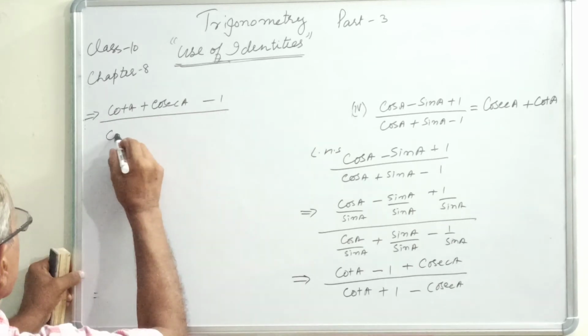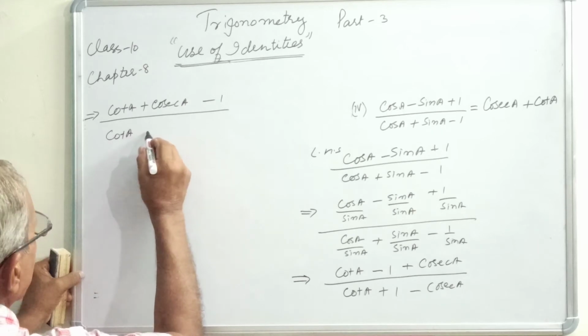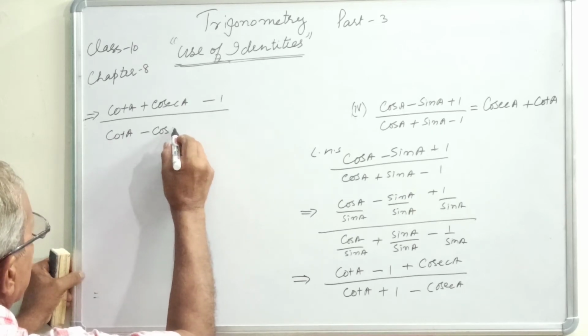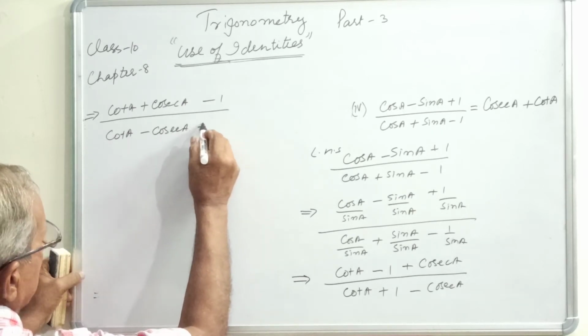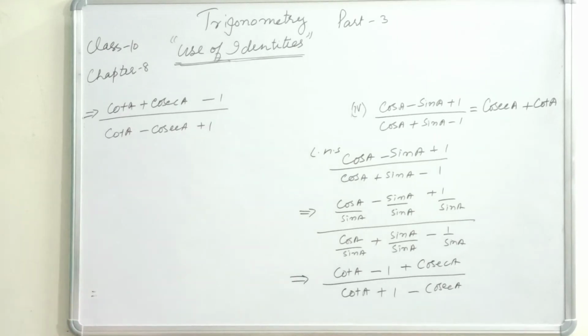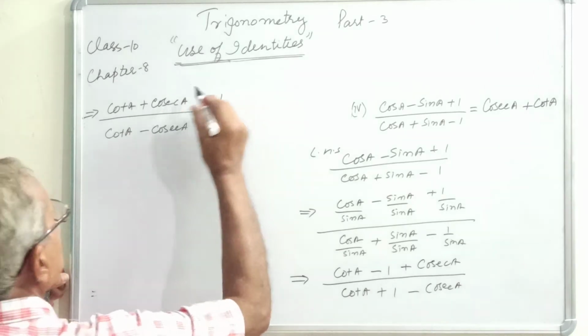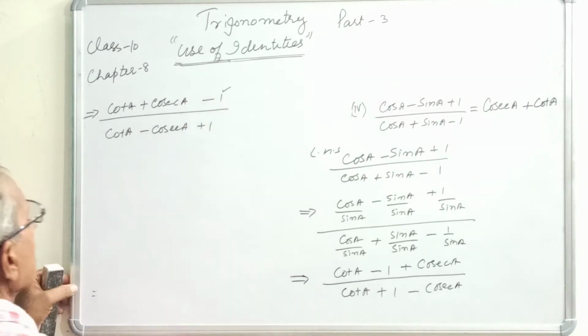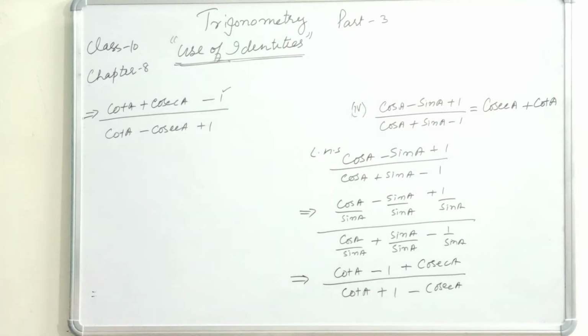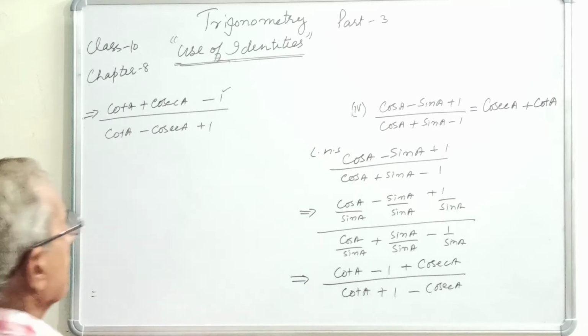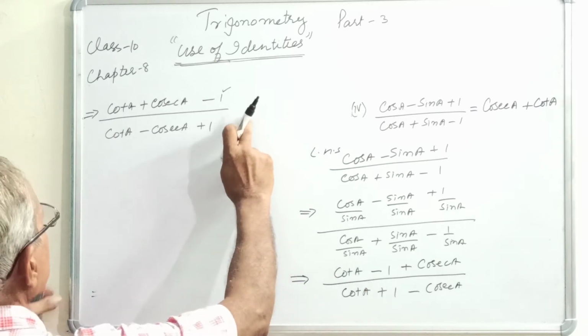So cot A minus cosecant A plus 1. I have written in this form. So you have to change 1 in the form of cotangent and cosecant. I will write the identity here.